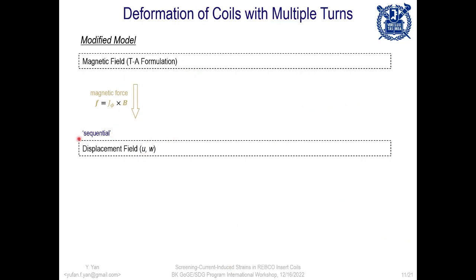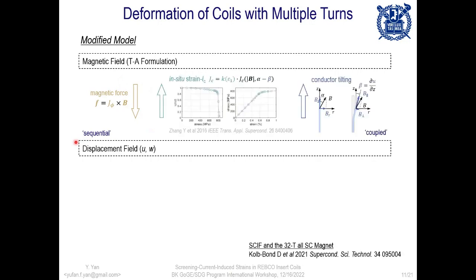This is called a sequential type. Then we can feed back the strain-dependent critical current and the change of the perpendicular component of the magnetic field caused by the conductor deformation. This type is called a coupled model here.